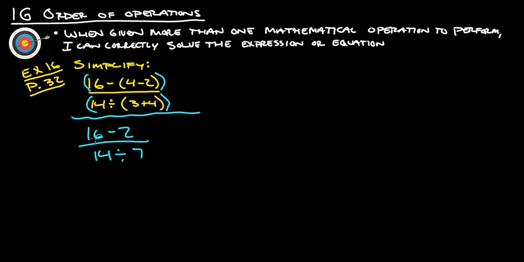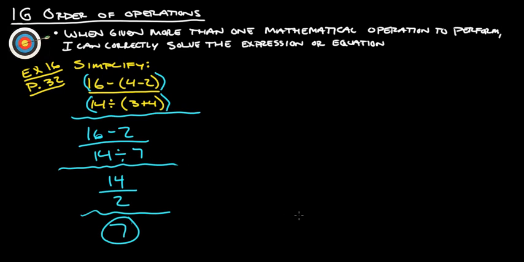Again, we have to simplify everything in the top and everything in the bottom all separately, and at the very end is when we simplify it at the very last step. 16 minus 2 is 14. 14 divided by 7 is 2, so we have 14 over 2, which gives us 7.